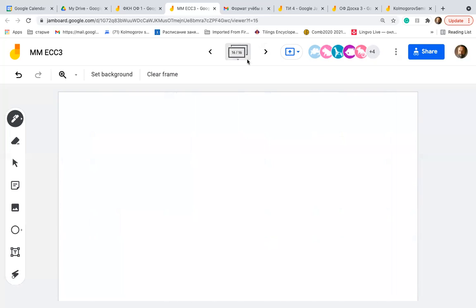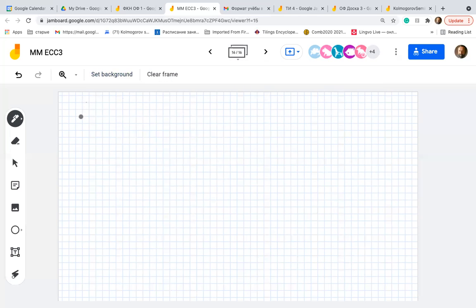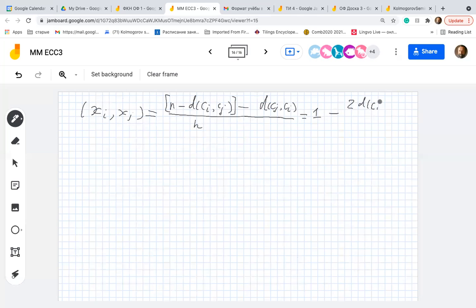So that means that the inner product of xi, xj is exactly equal to n minus the Hamming distance between ci and cj, which is the number of symbols where they coincide, each contributing 1 over n, and from that we subtract again the Hamming distance, because this is the number of positions which contribute minus 1 over n. In other words, we obtain 1 minus 2 times the Hamming distance over n.